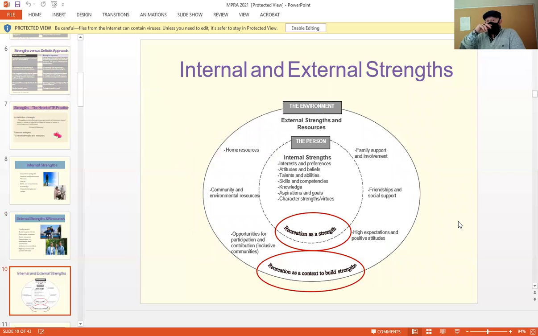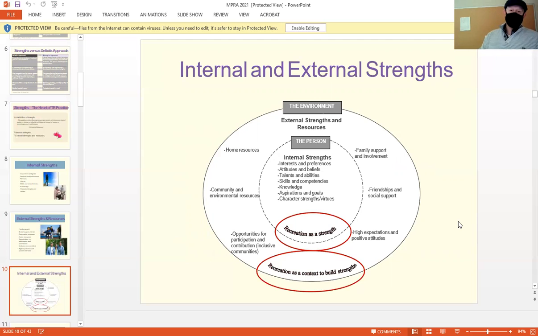All right, I'm not going to get too deeply into this picture, but basically what it shows is around this outer area of the graphic here, you're looking at external strengths and resources in your environment. Okay, these are the things that are around you.